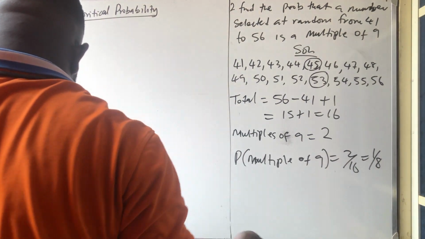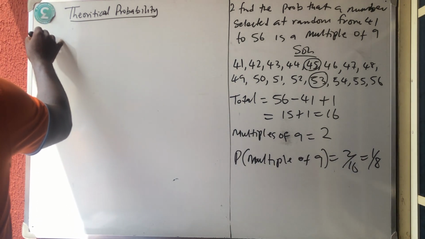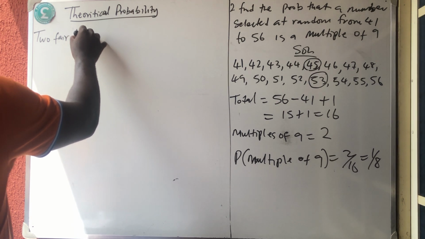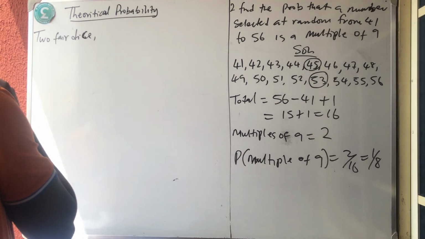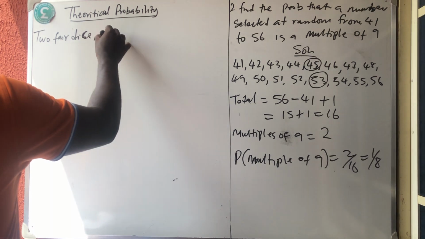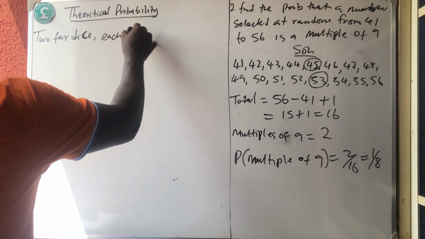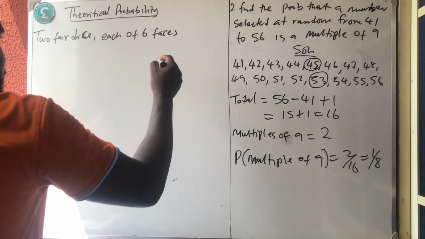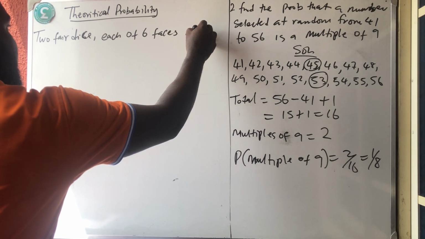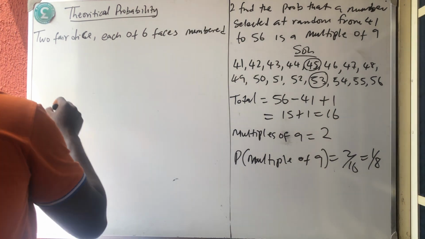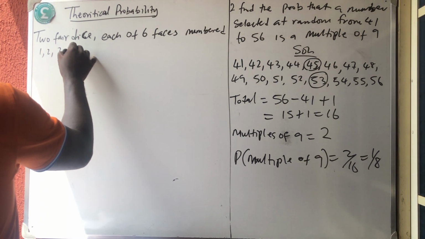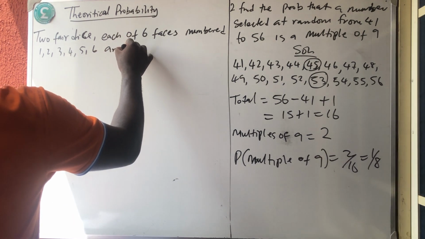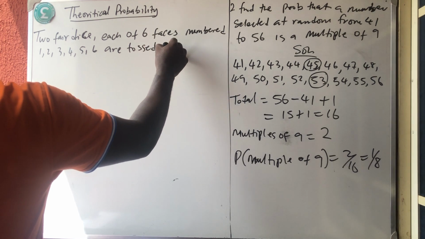So the next one, number 3, said: two fair dice, each of 6 faces, numbered 1, 2, 3, 4, 5, 6, are tossed once.